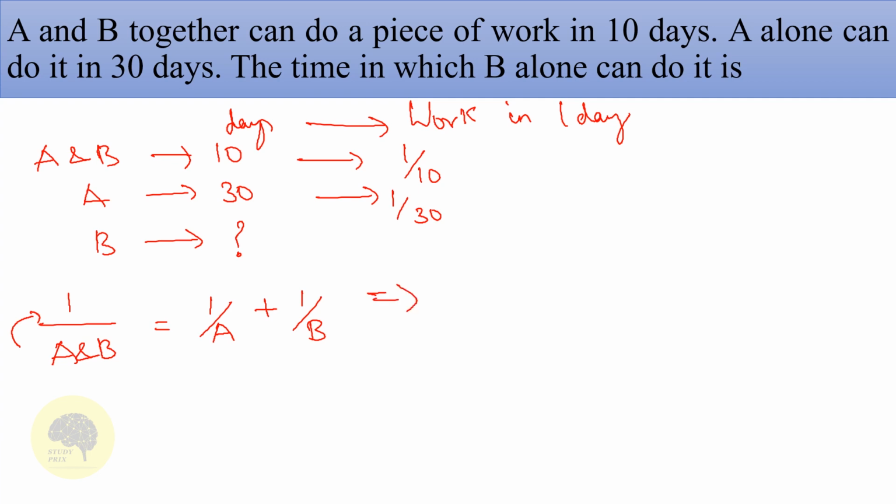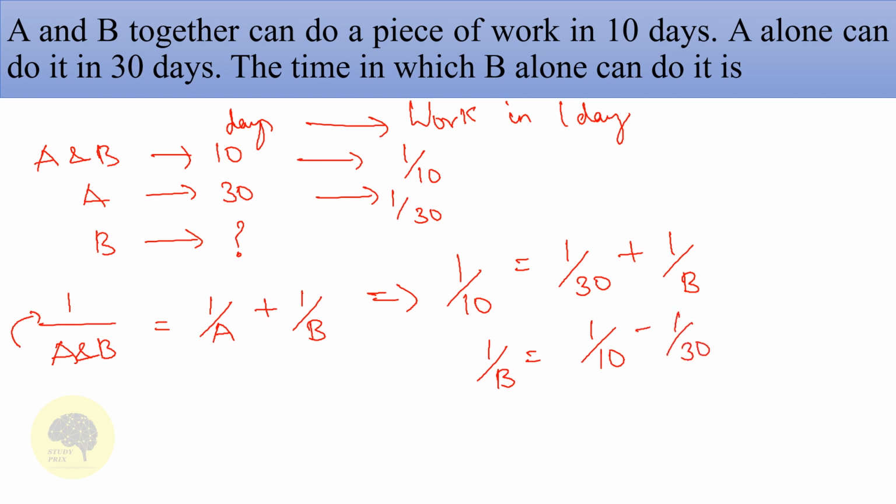Okay. What's the work done by A and B together in 1 day? 1 by 10 is equal to work done by A in 1 day, which is 1 by 30, plus the work done by B in 1 day, which we have to find out. Let's simplify this. 1 by 10 minus 1 by 30.